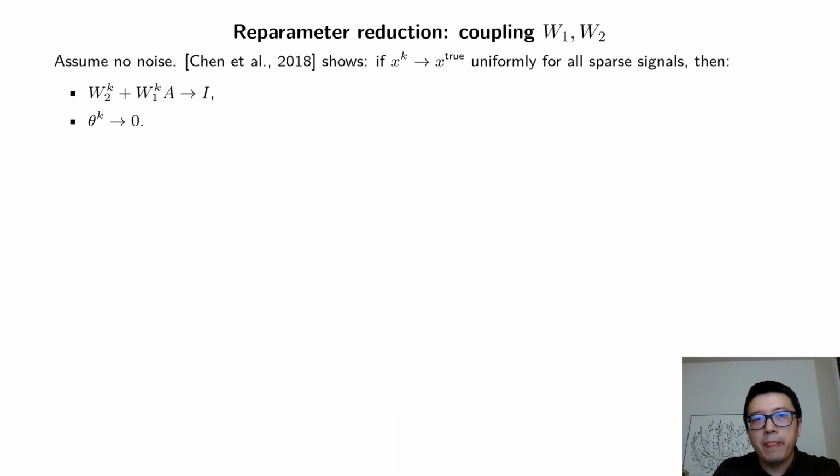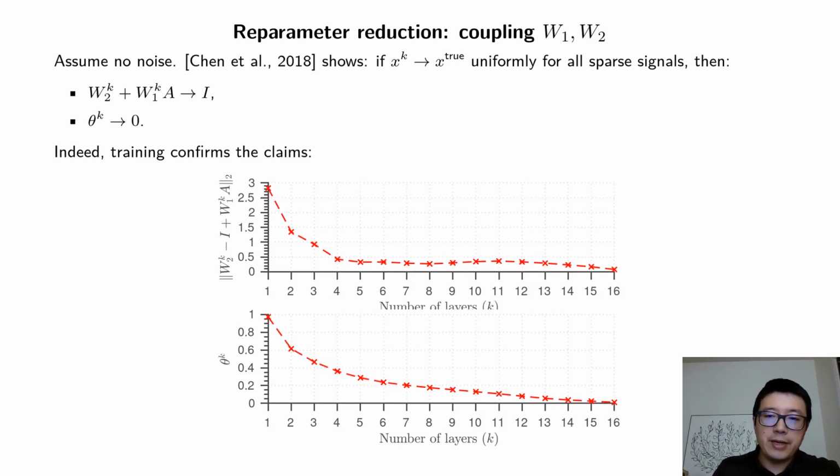Assume no noise, and if we require the sequence to converge to the true signal and then play with gradient and optimality condition, we realize that W2k plus W1k times matrix A must converge to identity as k goes to infinity. And also the soft thresholding threshold must converge to 0 as k goes to infinity. And we went back to our training and looked at the W we generated, looked at theta we generated. In fact, as k increases, they are approaching the limit.